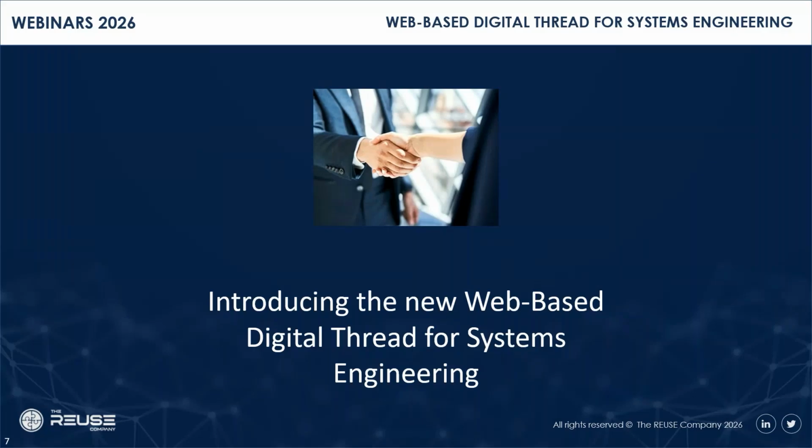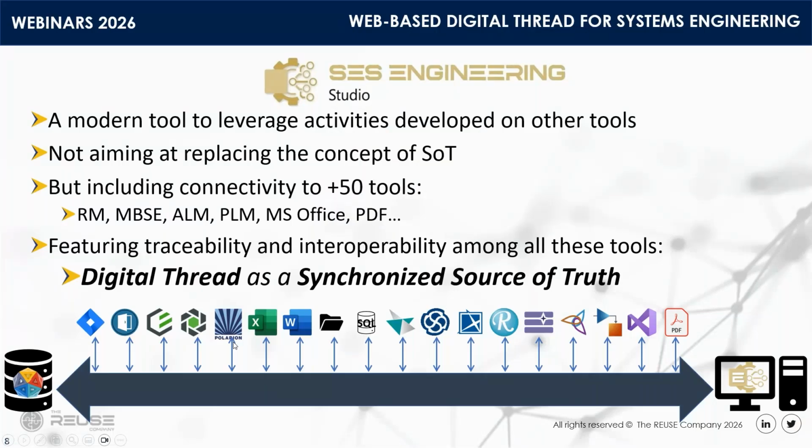Okay, the topic for today is to introduce our new web approach for the digital thread in systems engineering. Systems Engineering Studio is a tool that provides leverage to activities that are developed across other tools in the ecosystem of systems engineering.